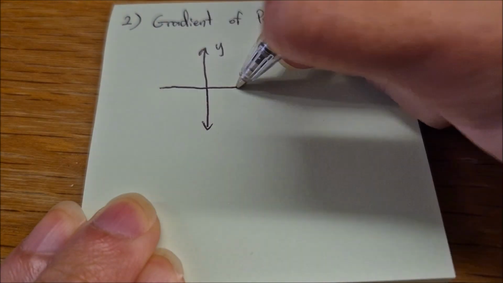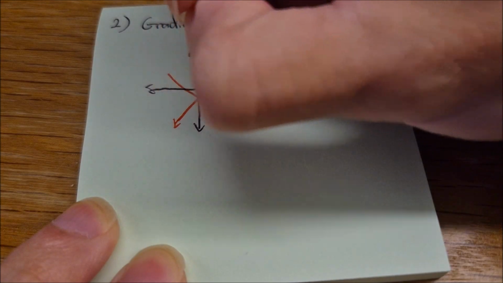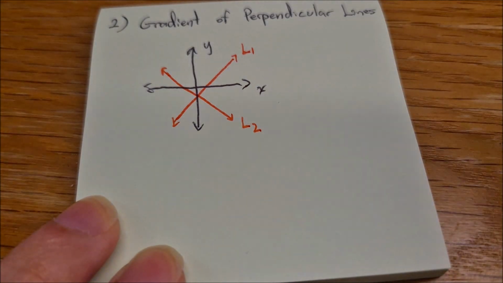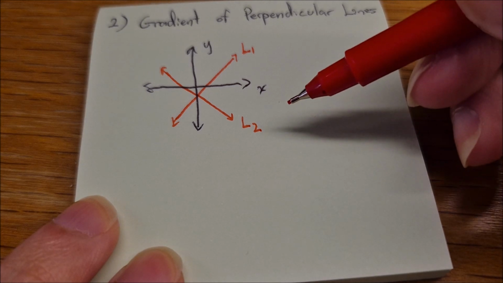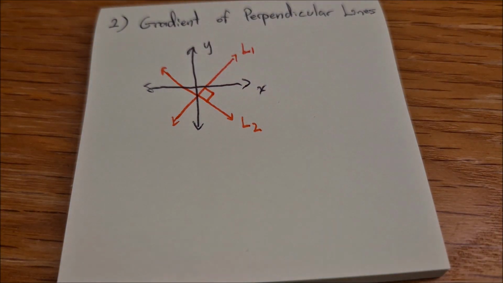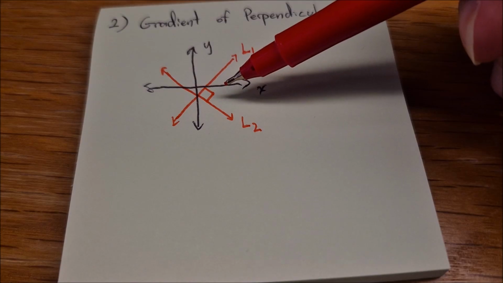Now for perpendicular lines. Here is my line 1. And the perpendicular line to line 1 is line 2. I show that it's perpendicular by drawing this shape.